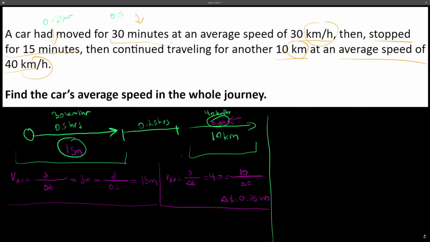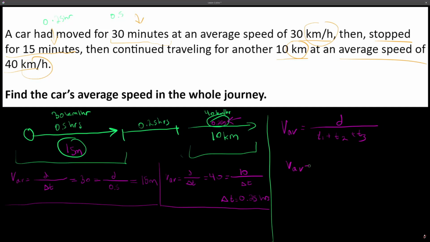So now we have all the values, and we can find the average speed. The average speed of the whole thing is equal to all the distances over all the time. So time 1 plus time 2 plus time 3, or delta t. Now we just use the formula.